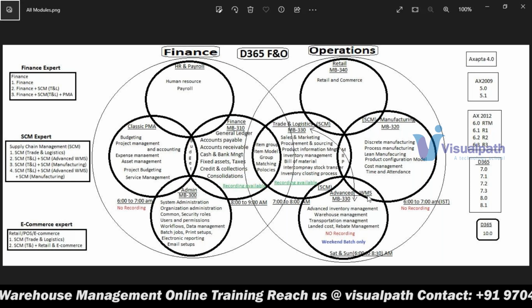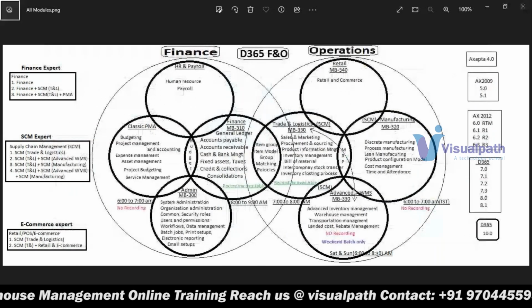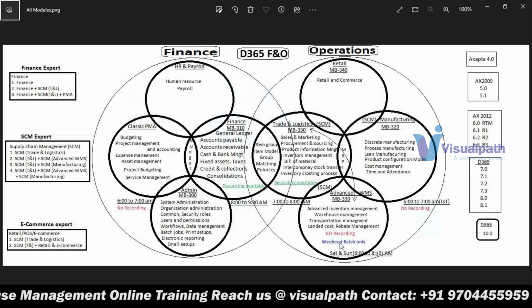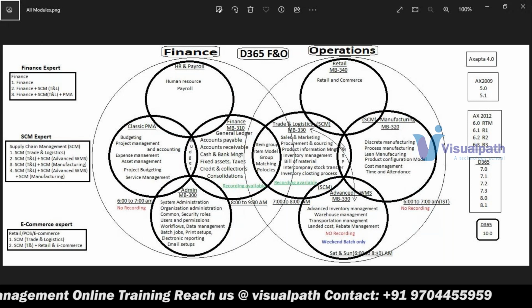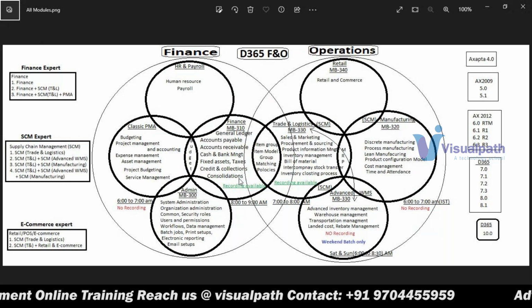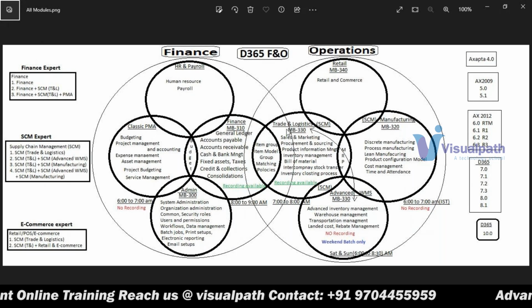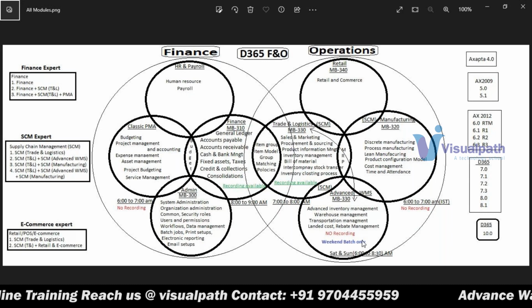I'm giving you upfront information. If you have knowledge of at least one of these, you can manage to some extent. But if you don't know either and try to learn this, it's very difficult to understand.